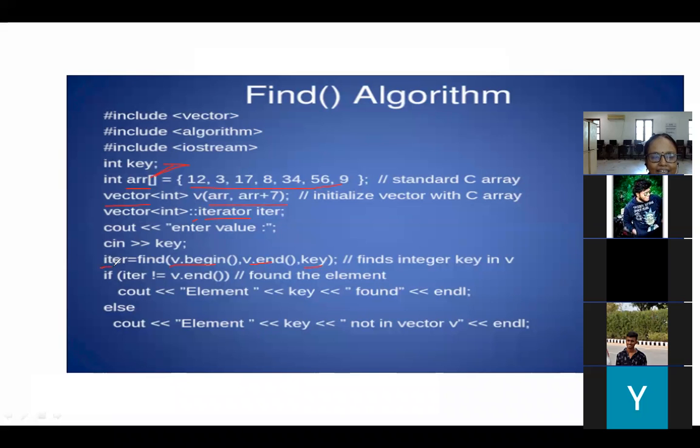This is the iterator I have declared. Then I am finding the largest element, from beginning to end, because I have declared key, which tells the size of the array. If the element is found, we will say it is found, otherwise we will say it is not in the vector.